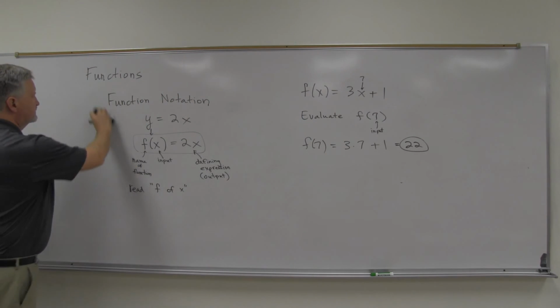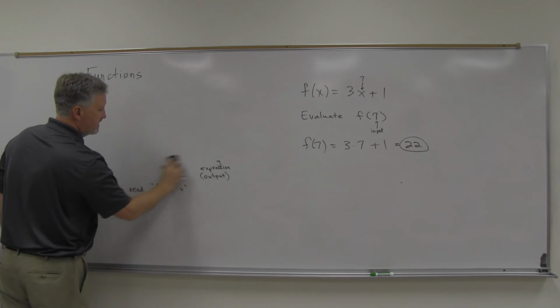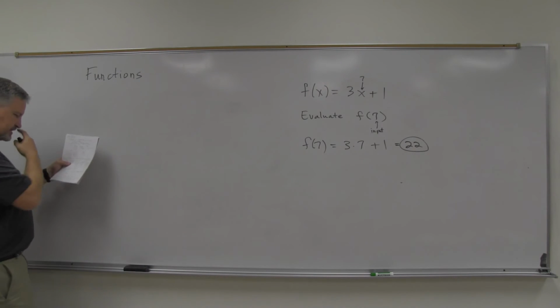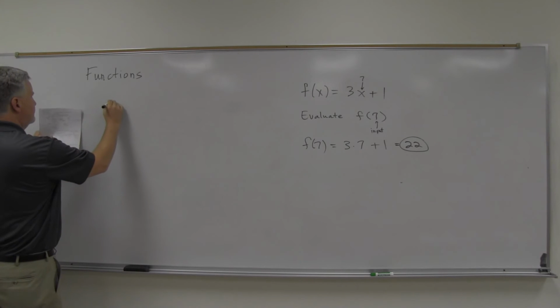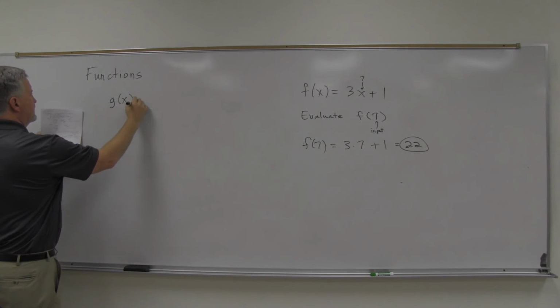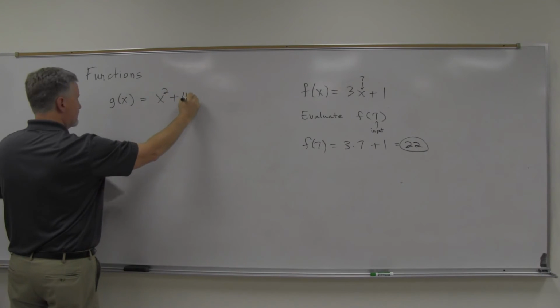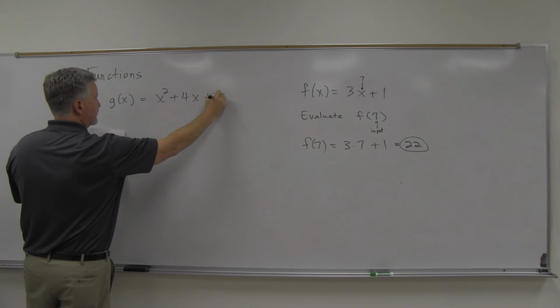All right. Now, they don't always have to be f functions. We'll have some g's, maybe some h's. So let's do a g of x function. g of x is x squared plus 4x plus 3.